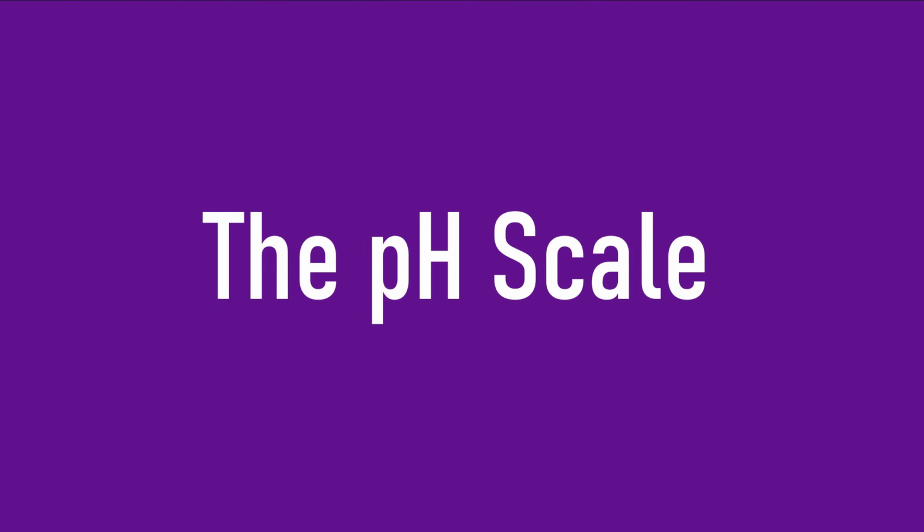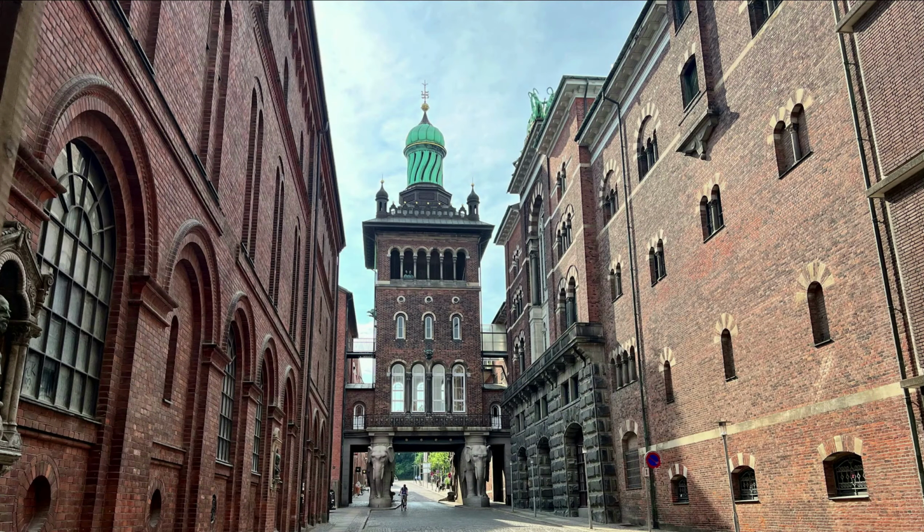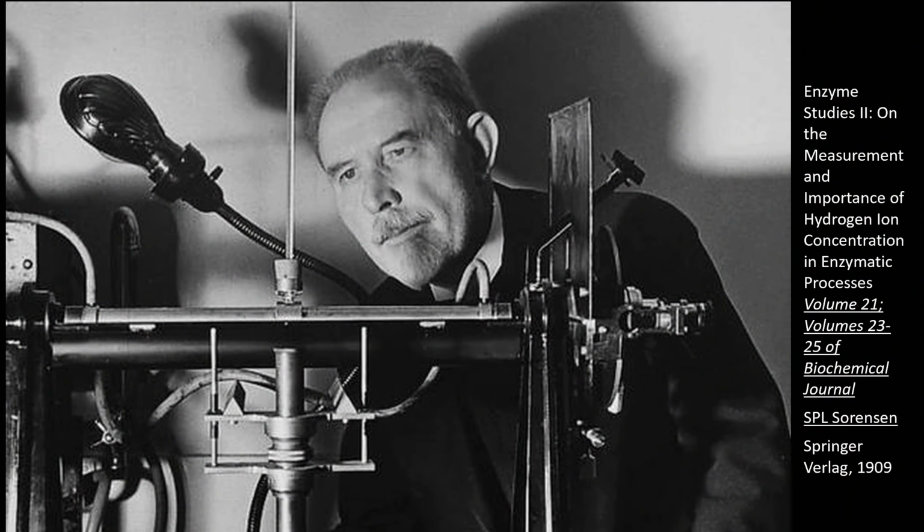Let's move on to the pH scale. Everybody is familiar with the use of the pH scale for measuring relative acidity, and it was originally developed at the Carlsberg Brewery in Copenhagen in 1909 by Søren Sørensen, a chemist working at that laboratory at Carlsberg.